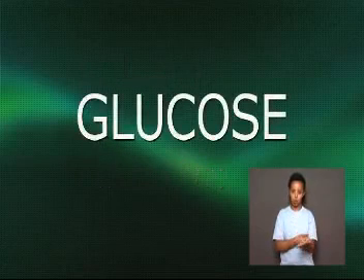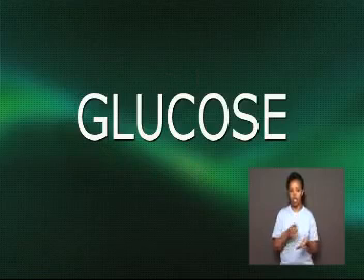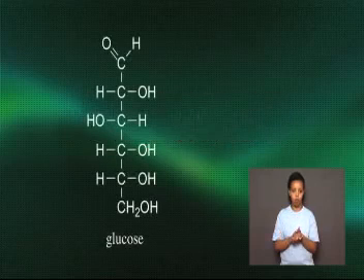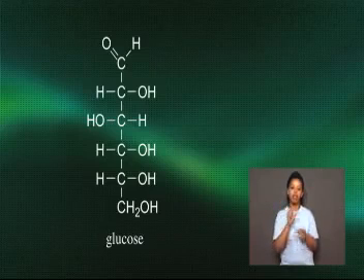Glucose is the most important monosaccharide to all organisms. Glucose plays an essential role in metabolism. In its straight chain form, the glucose molecule has an open chain of 6 carbon atoms, C1 through C6.